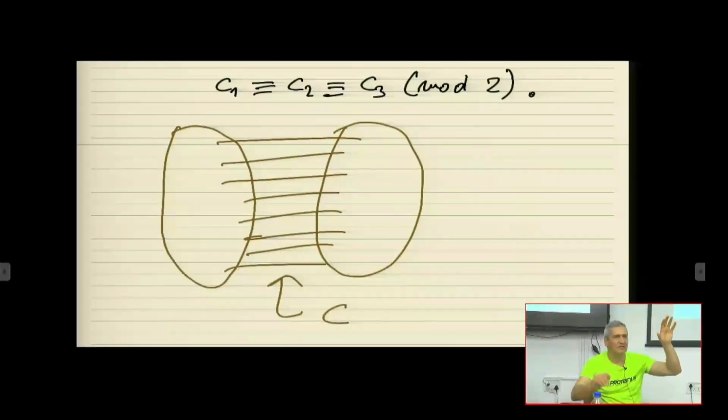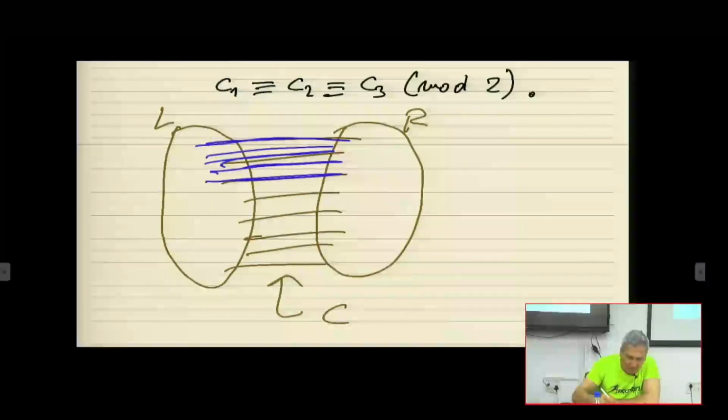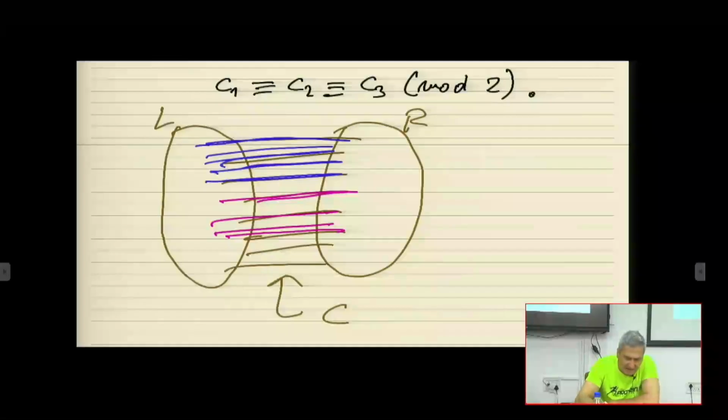When I remove it, I get 2 parts, the left side and the right side. Now, since the graph is colored, some of these edges are colored blue, some are colored pink, and some are colored green, let's say.